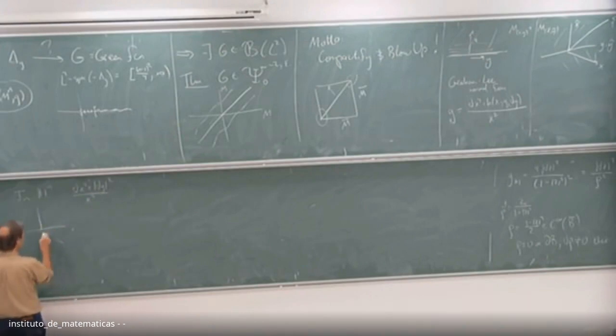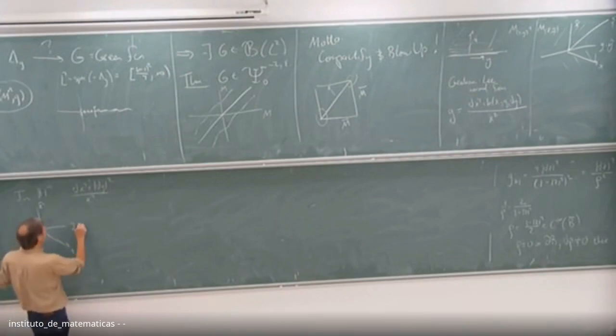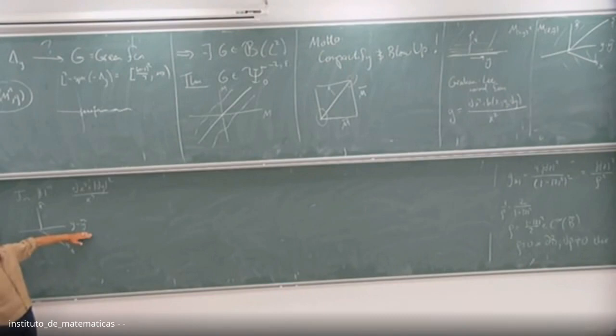Here's the same picture, x tilde, y, and y tilde. Now the fact that I have a translation in the y variable, that's an isometry, that means that I expect to have a convolution operator in y, which means that it should only depend on y minus y tilde. Remember, I'm looking for Green's functions, and they should be convolution operators in y in this special case.